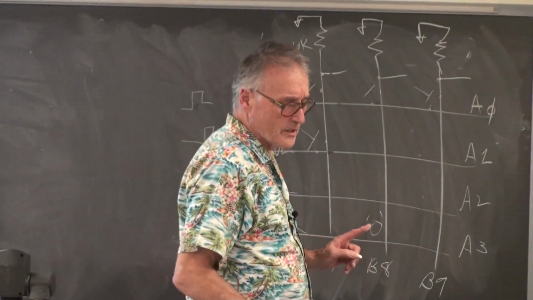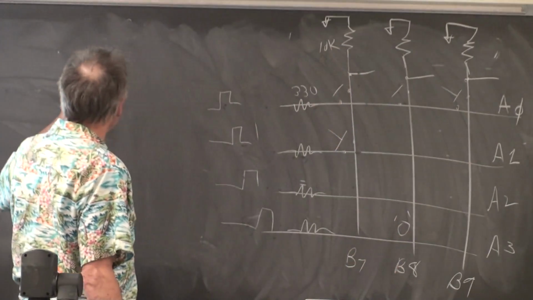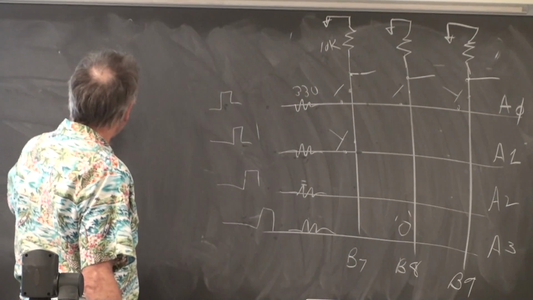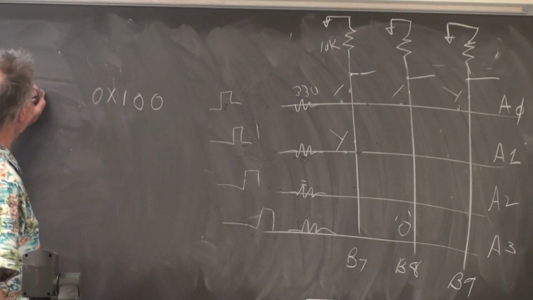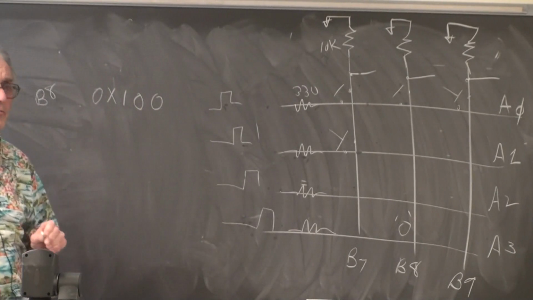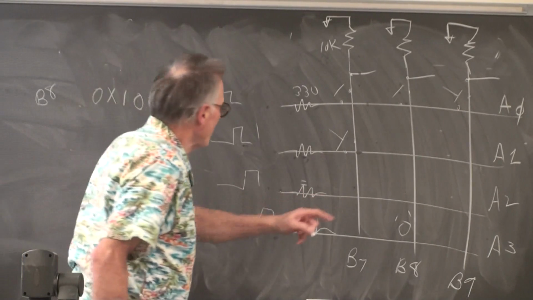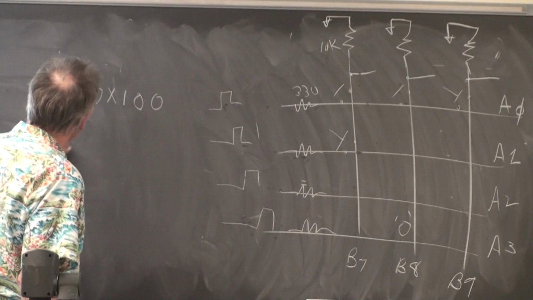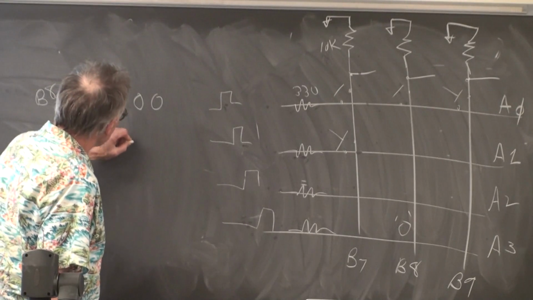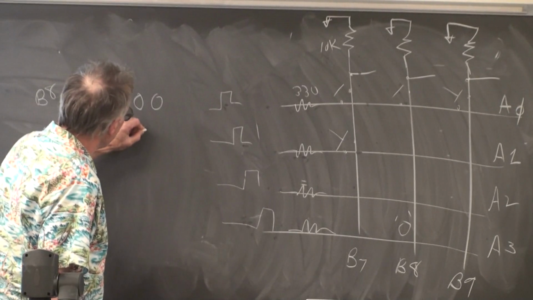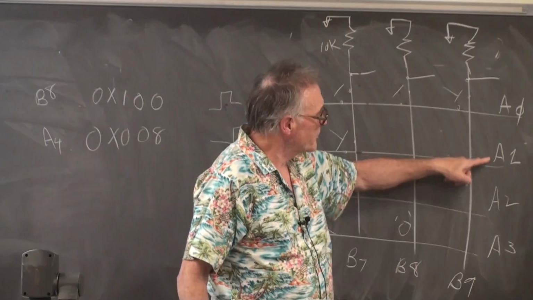well, let's see, what is B8? B8 has a value of 0x100, right? That's B8, if B8 is the only one pressed. And A4 would have a value of 0x008. 1, 2, 4, 8.